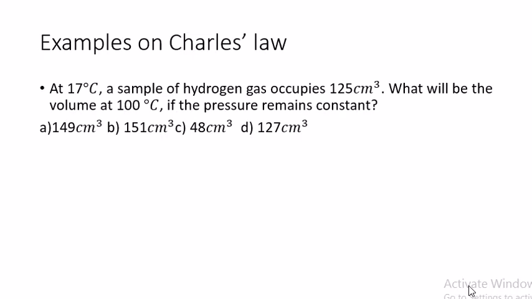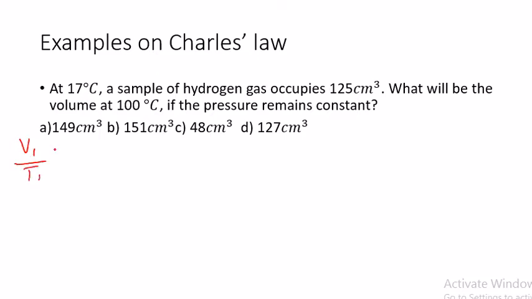Now this is a question on Charles' law. At 17 degrees Celsius, a sample of hydrogen gas occupies 125 centimeter cube. What will be the volume at 100 degrees Celsius if the pressure remains constant? Now this question has to do with the volume and temperature of a gas, so you already know you are applying Charles' law's formula.